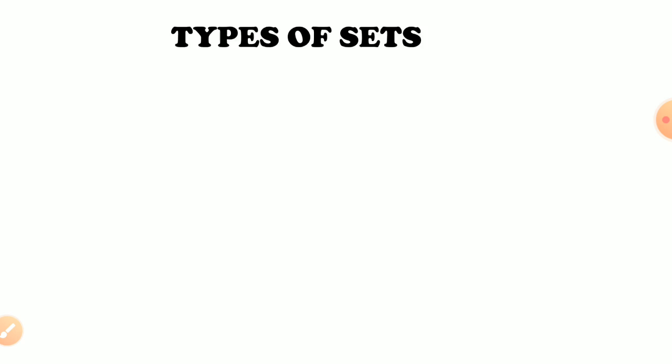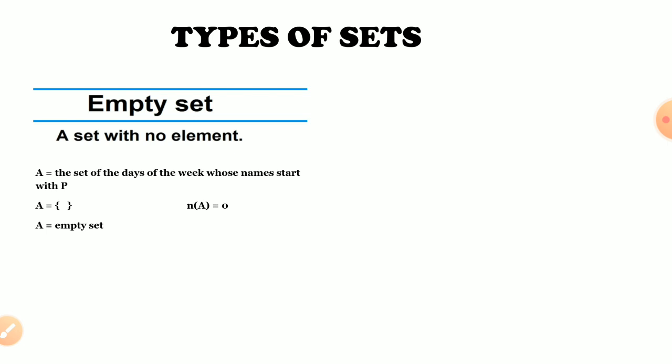Moving forward, we have types of sets. The first one is the empty set. As the name indicates, a set with no element is called the empty set. If we are making a set and the set contains no element, it will be called an empty set.